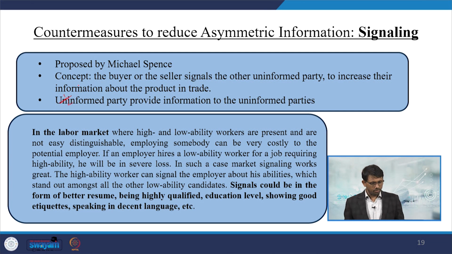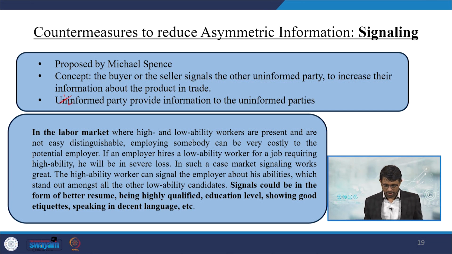In the labor market, where high and low ability workers are present and are not easily distinguishable, employing somebody can be very costly to the potential employer. If an employer hires a low ability worker for a job requiring a high ability one, he will be in severe loss. In such a case, market signaling works really great.